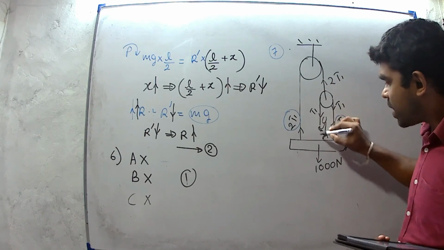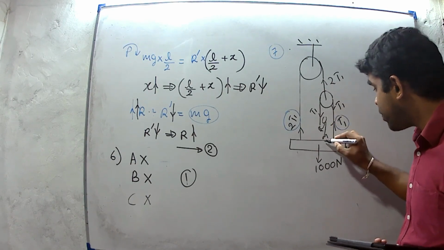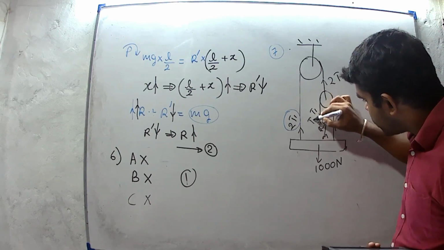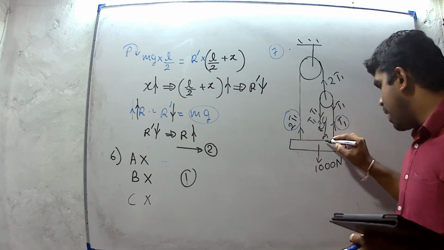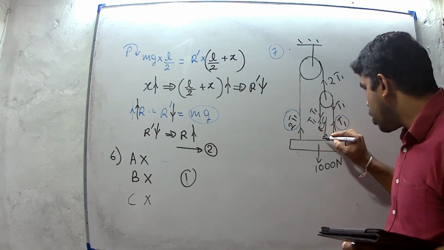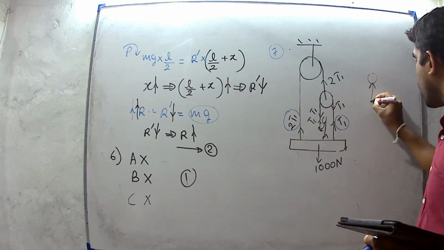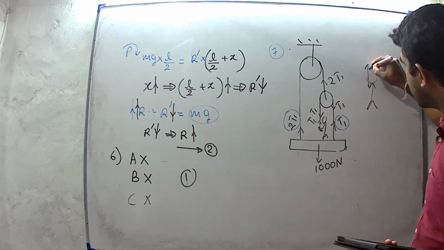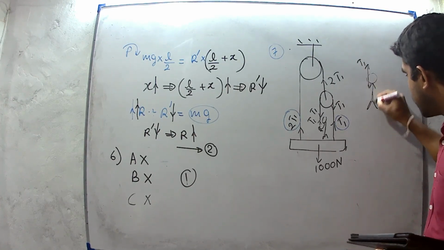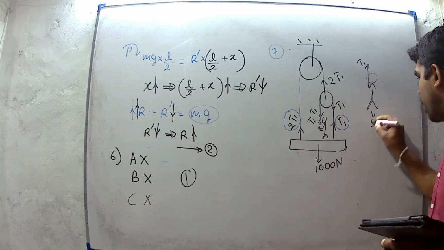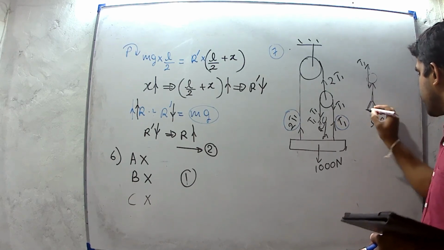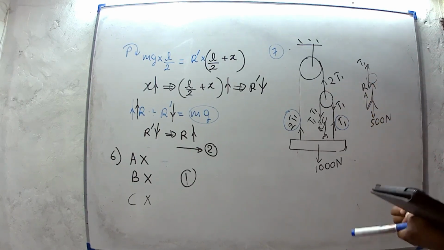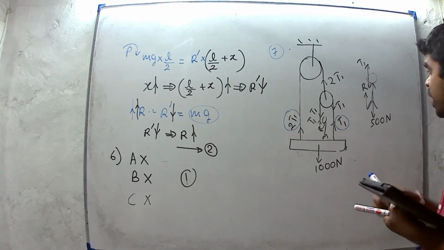The full weight of the man is not acting on the platform because there is a force T1 on the man. Then we have to consider the reaction of the man. I will consider forces on the man. Tension is in the upward direction, T1, and weight is in the downward direction, 500 Newton, and there is a reaction due to the platform. We have to get a relationship for the reaction first.